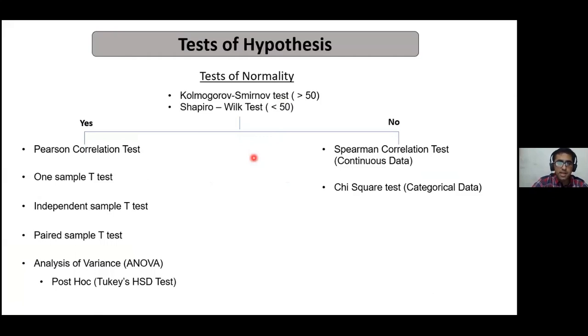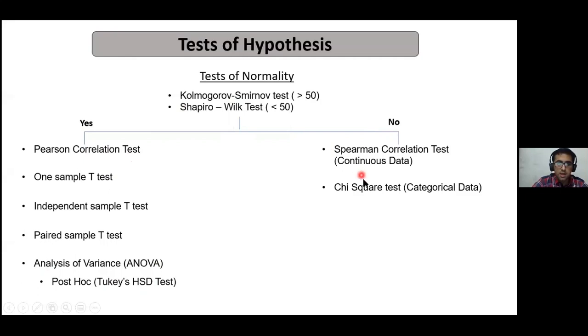For the data that we have, first of all, we need to test if the data is from a normal distribution or not. I will just quickly go through these tests. I won't be discussing them in detail given the time constraint, but I will be telling you the hypothesis again when I will be doing the Python.